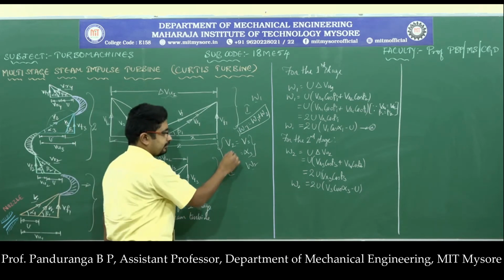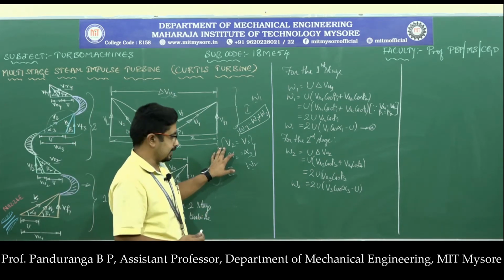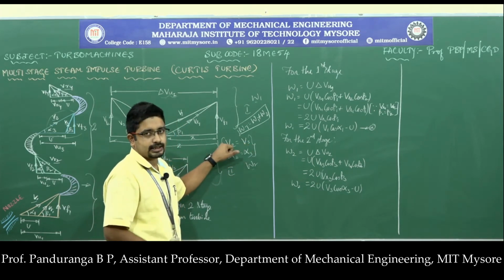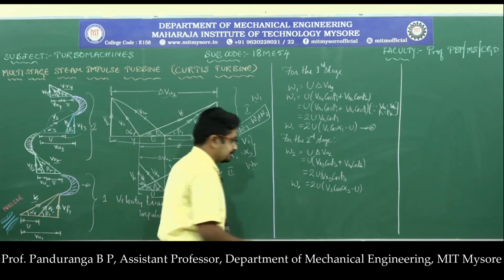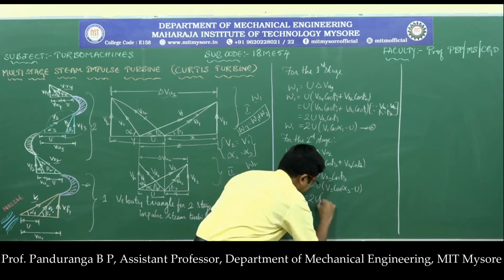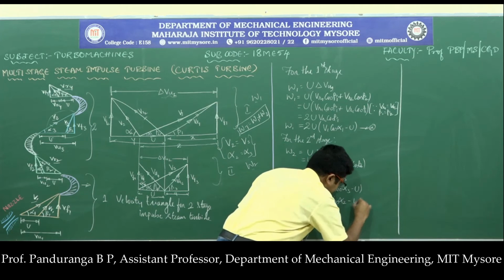That is what we stated while drawing the first stage and second stage velocity triangles. So I will use this: in place of V3 I write V2, in place of alpha 3 I write alpha 2. So W2 will be equal to 2U into (V2 cos alpha 2 minus U).